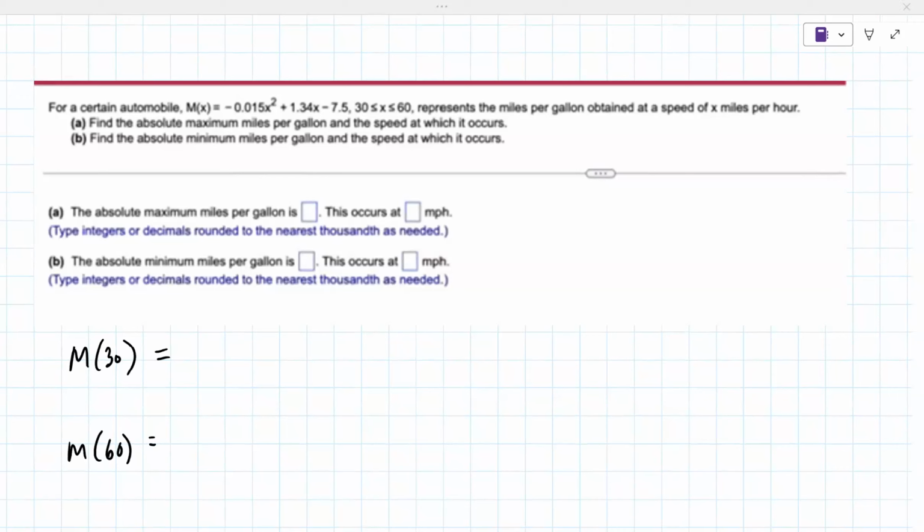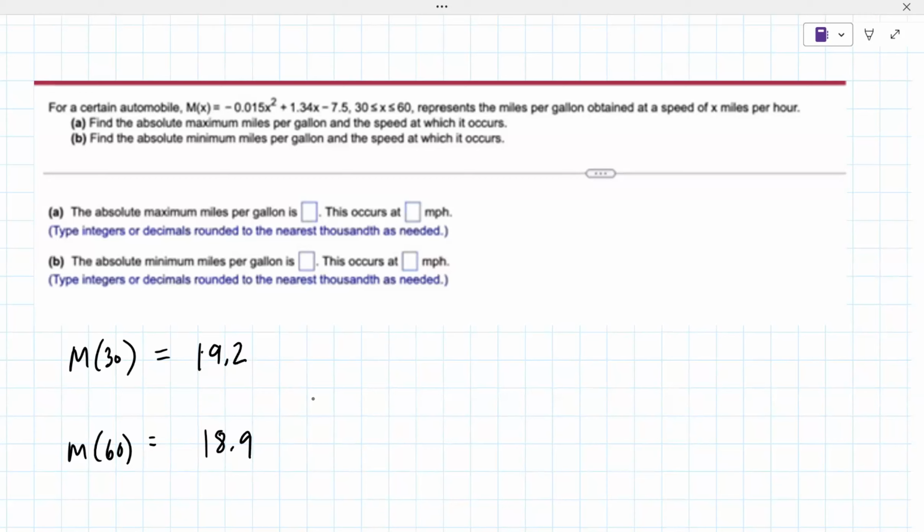X equals 30. $18.9. Let's double check that those are the right equations.